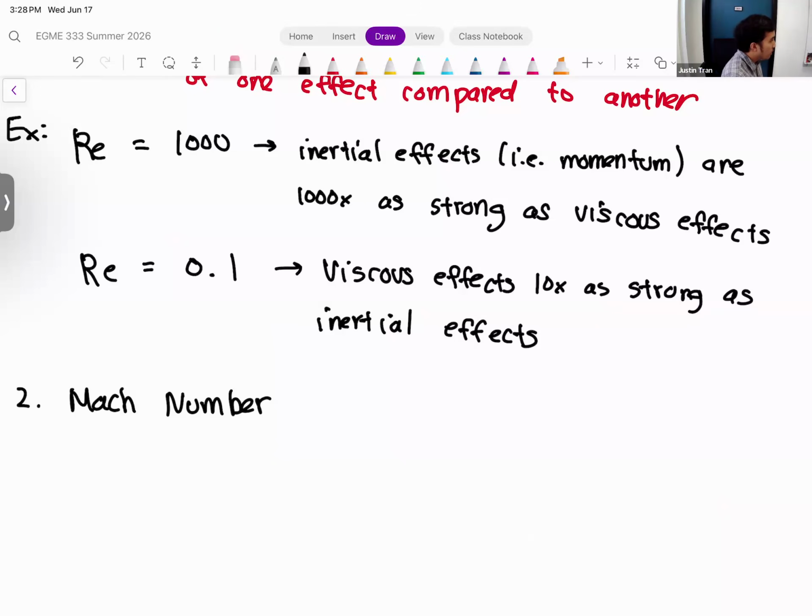Again, we can interpret the Mach number as a ratio, but it has a very interesting interpretation. The definition of the Mach number is actually very simple. The Mach number is the velocity of the fluid divided by c, where c here is the speed of sound. So it's basically just a ratio of two different velocities.